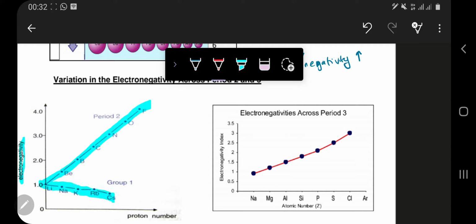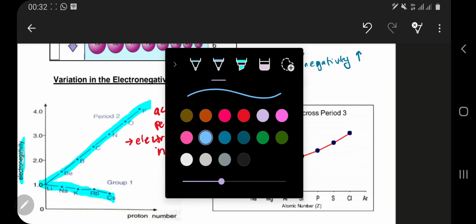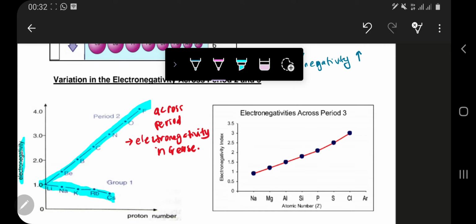So we can conclude that when we go across a period, electronegativity increases, but when we go down a group, electronegativity decreases.